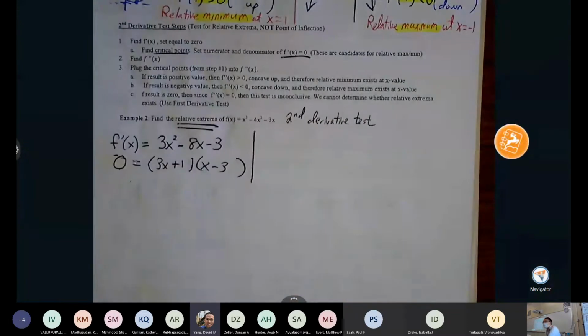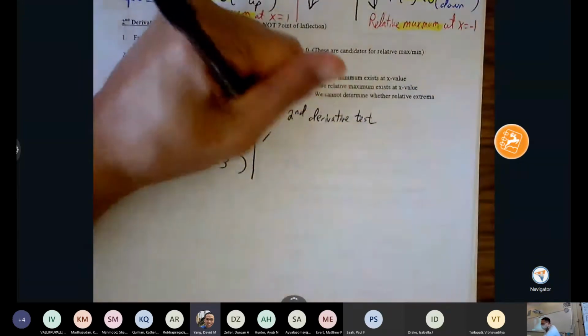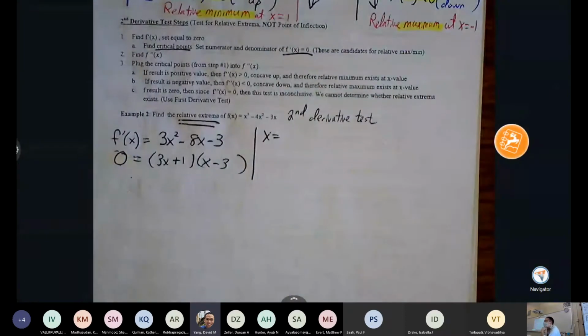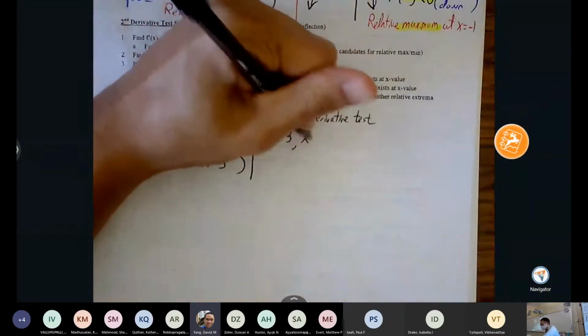We solve for x, and what do we get? Critical points.